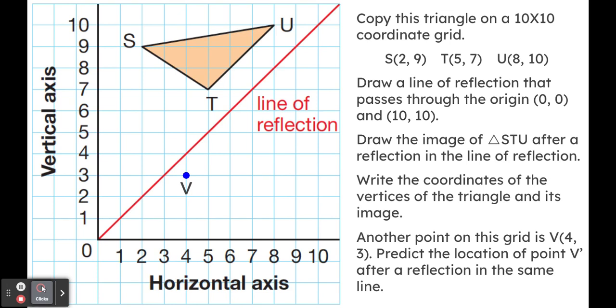You don't even have to draw the reflected point if you can figure out a way of predicting what the coordinates will be without having to do the drawing. And then in our meeting, we'll talk about all of these different steps and how we came to our predictions.